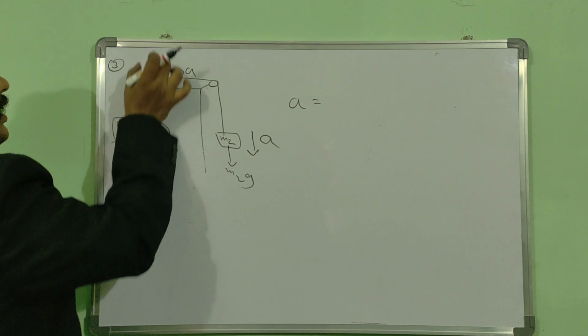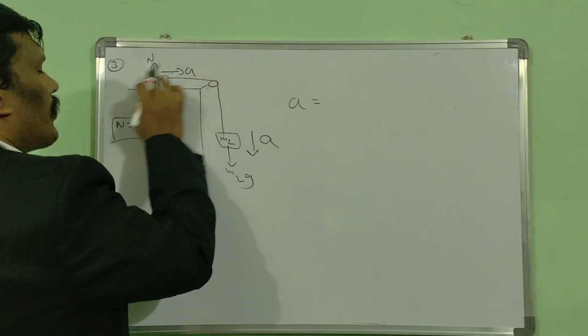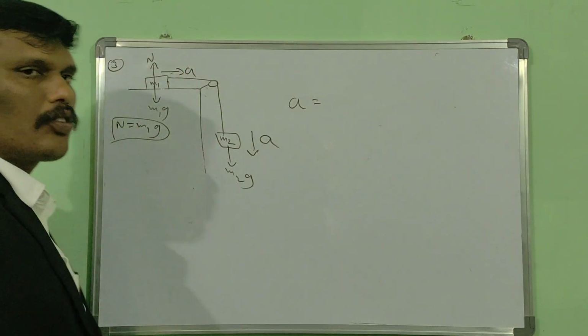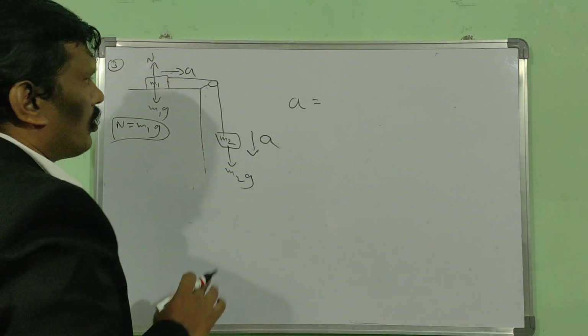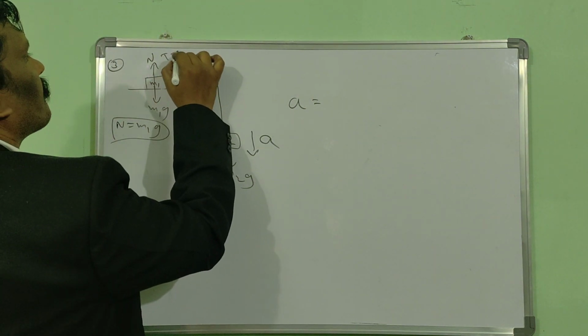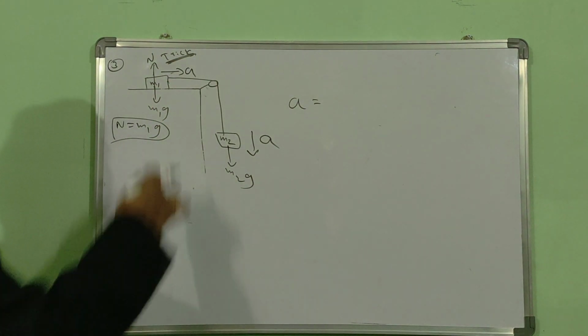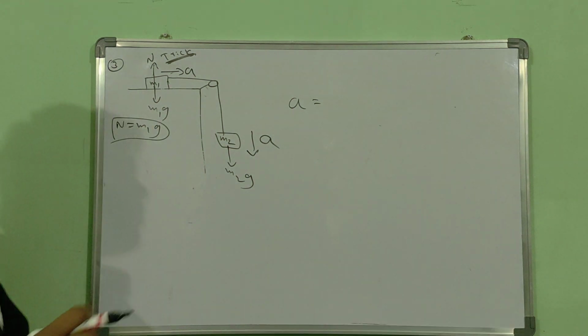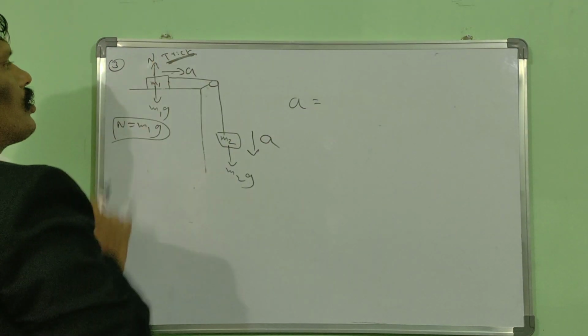Two forces are equal and opposite, so that weight we are not going to consider; it is considered as 0. That is the trick here: these two forces are equal and opposite and get cancelled out.